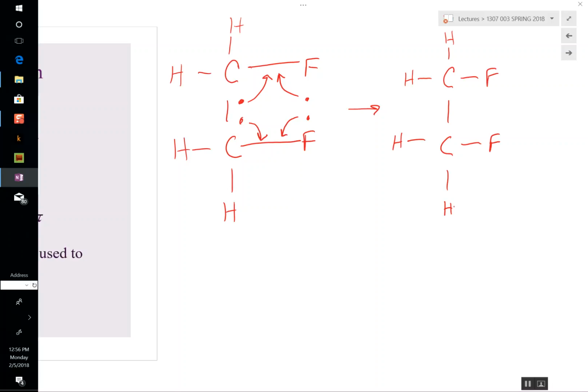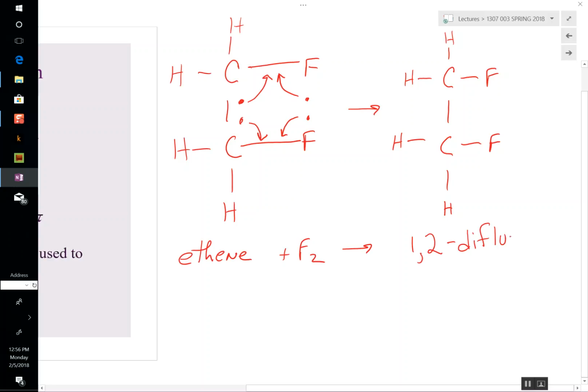So ethene, plus fluorine, becomes 1,2-difluoroethane.